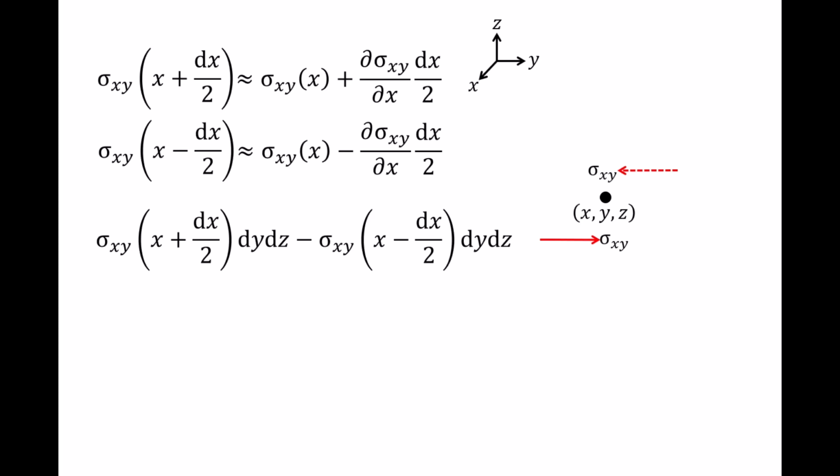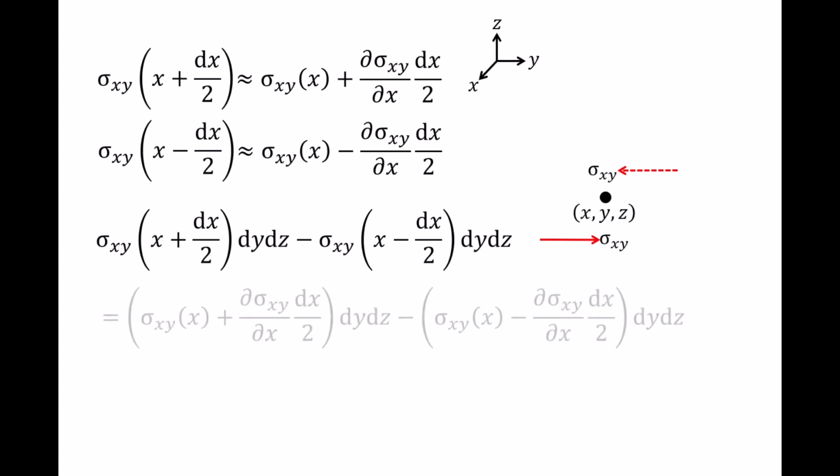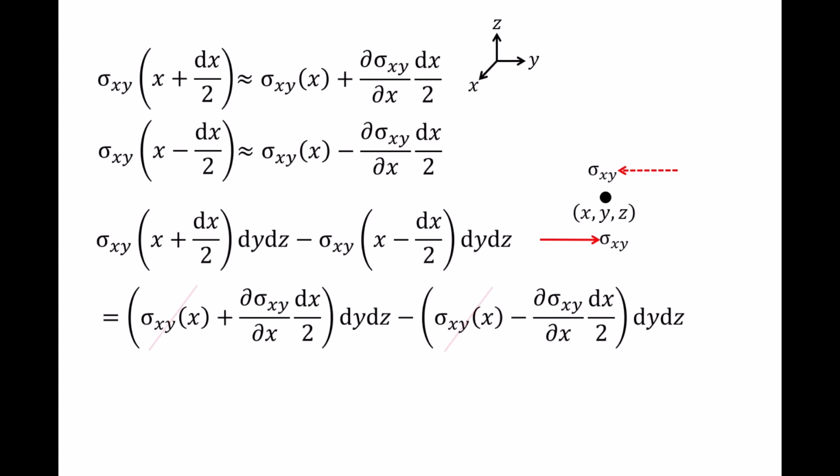The minus sign appears because sigma xy on the rear surface points in the negative y direction. We plug in the expressions for sigma xy at the front and rear surfaces, and the sigma xy terms cancel out. This leaves us with partial sigma xy partial x times dx dy dz, and dx dy dz is simply dV. So the resultant force due to the sigma xy stresses is partial sigma xy partial x times the volume.